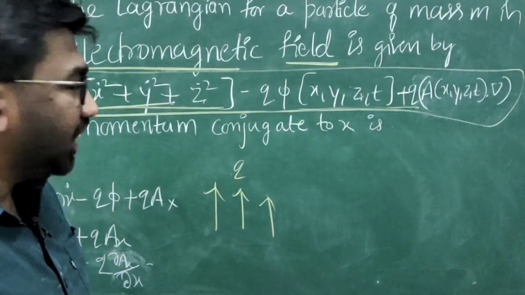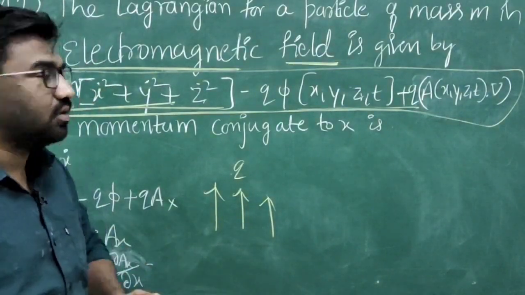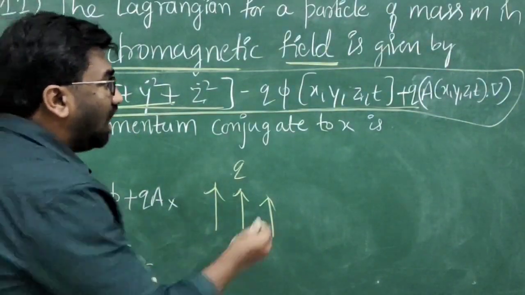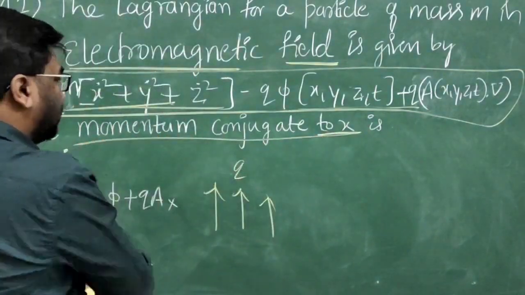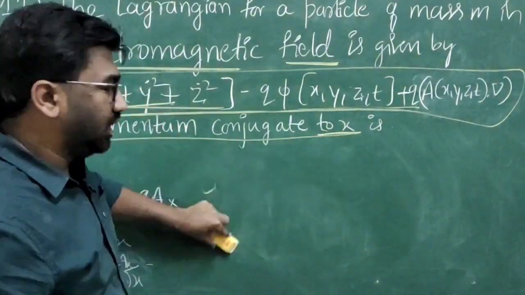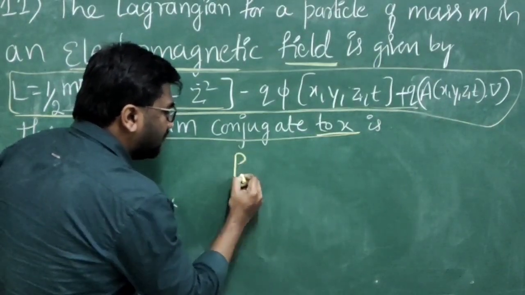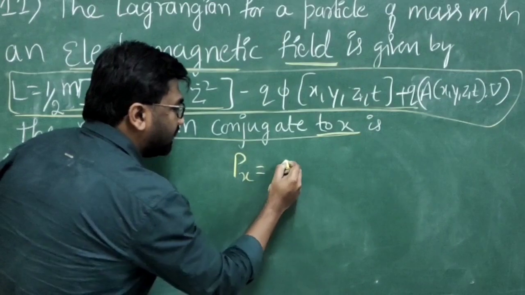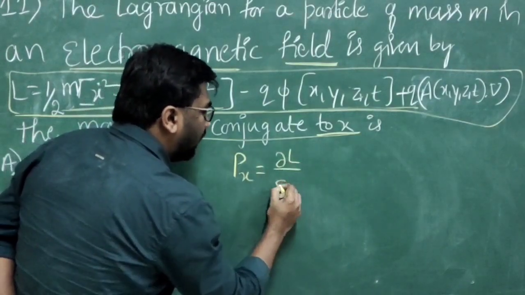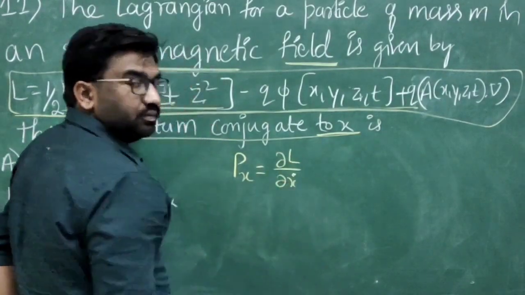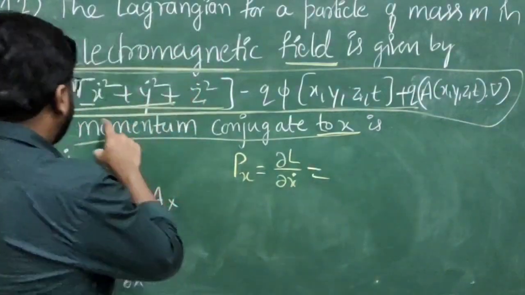Now we should calculate the momentum conjugate of this Lagrangian along x. The momentum conjugate along x is px equal to dou L by dou x dot. What is L here?